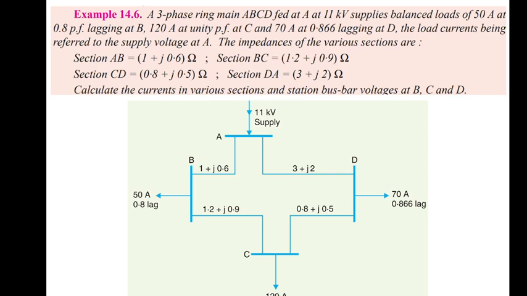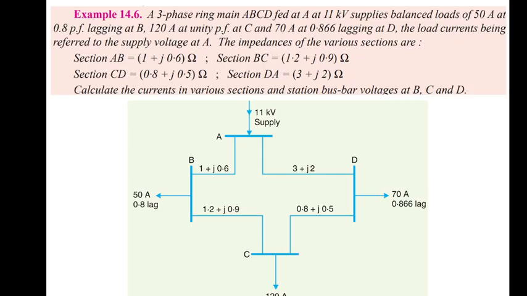Using these values, the objective is to calculate the current flowing through each section of the ring, as well as the voltages at the bus bars of sections B, C, and D. This type of problem is important because it applies circuit analysis techniques, particularly the use of complex numbers and phasors, to real power distribution systems.